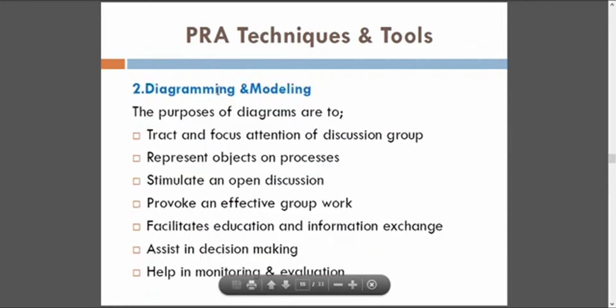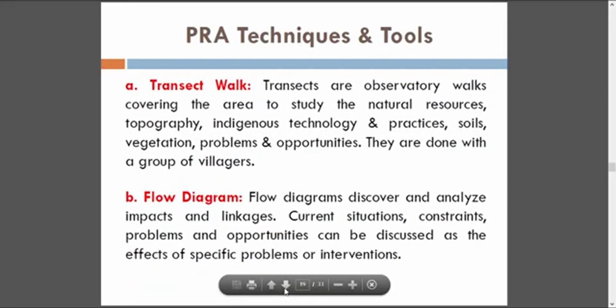So you can have a diagram that people can look at and they'll be triggered to have a discussion on a given topic, or to have decisions made on a given situation.